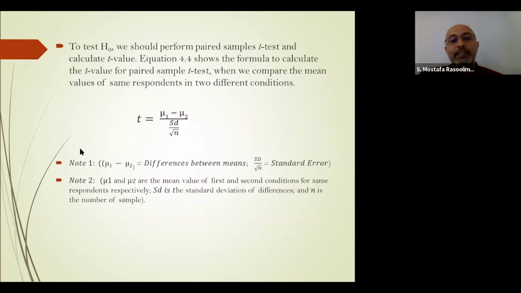For paired sample t-test, the formula is similar to single sample t-test: t equals mu1 minus mu2 divided by the standard deviation, but the standard deviation of the difference between the two groups.